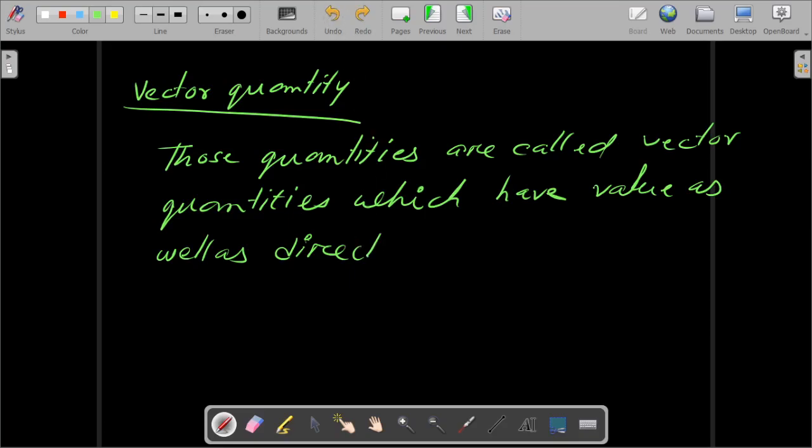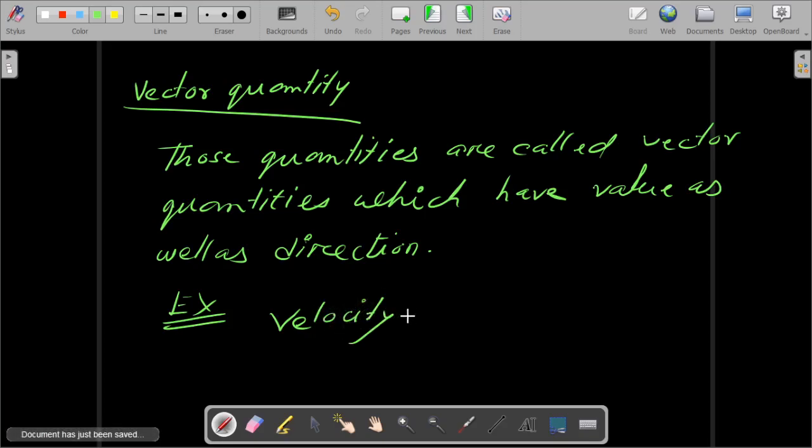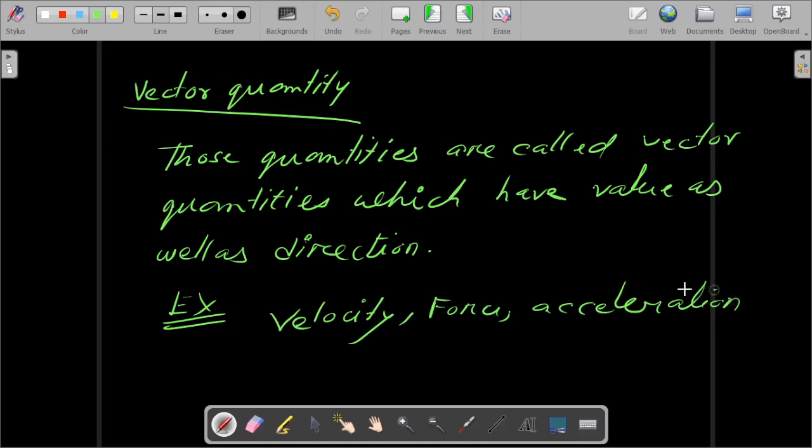So for example, velocity has both value and direction. Velocity, force, acceleration, etc. So you got all these things, right? So here we are going to discuss mainly about vector quantity. Okay.